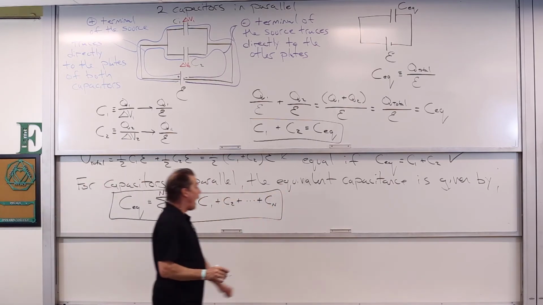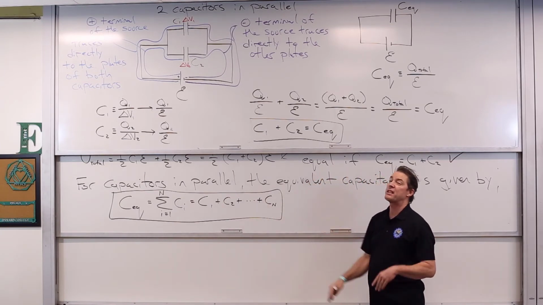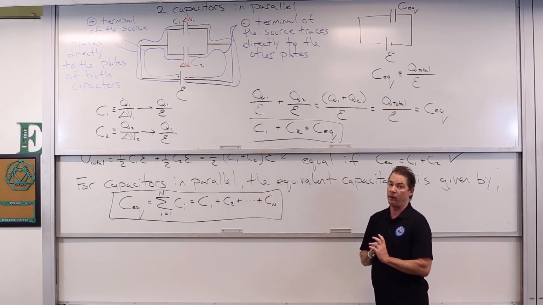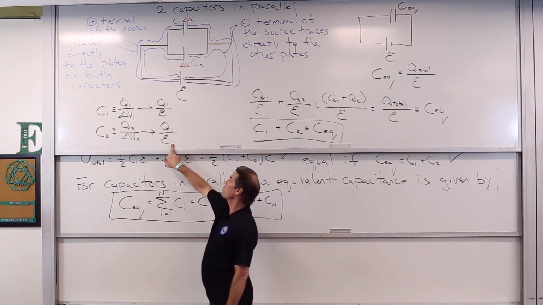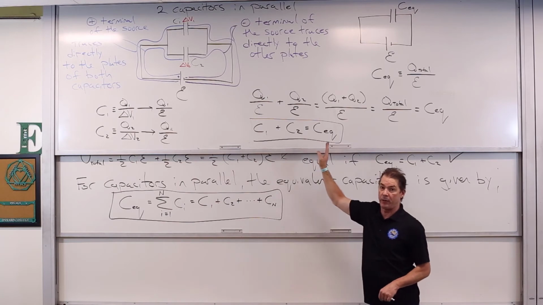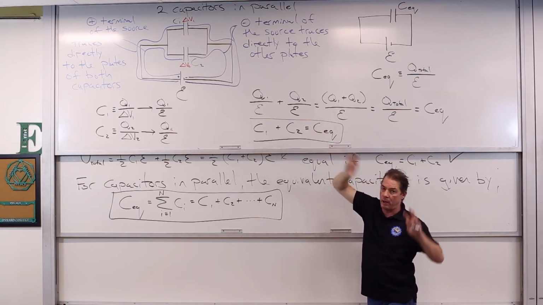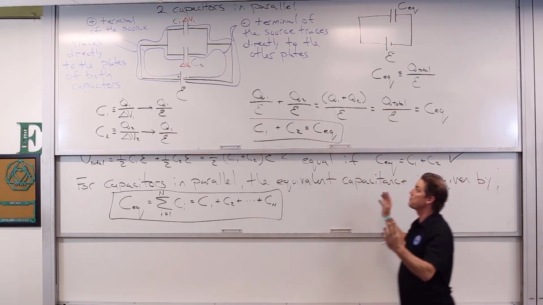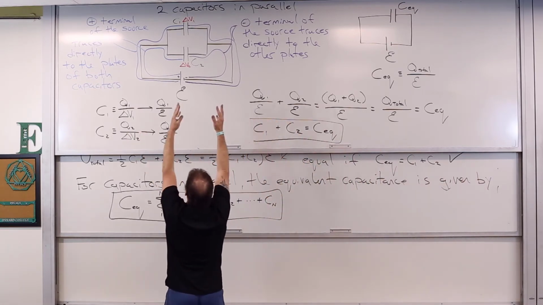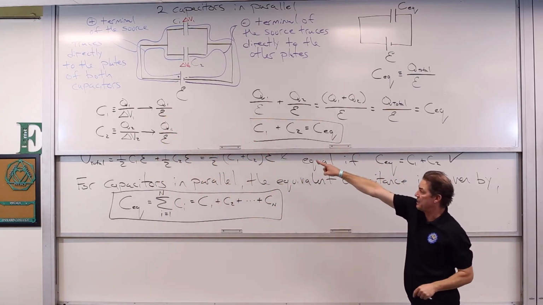And we also have that the potential differences across the individual capacitors have to be the same if they're in parallel. Now we don't want to say that it's always going to be that of the source potential. That depends on some other things going on. Here we only have that one parallel section. If we start having other sections, then the potential difference could get split up. And since both plates on both sides are directly connected to the terminals of the source, that happens to be the case here.